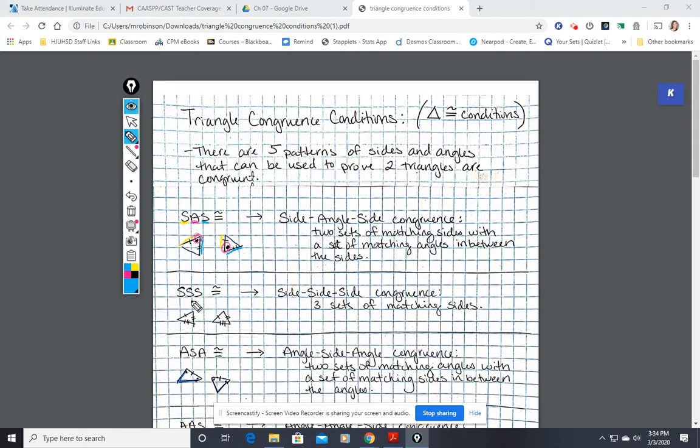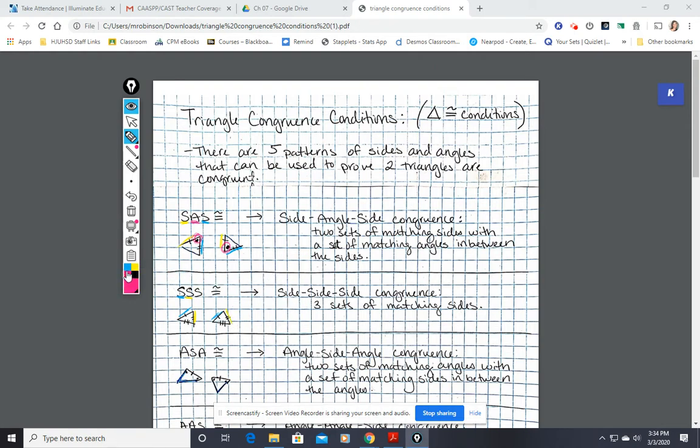The second condition doesn't involve any angles, it's just 3 sides. So side, side, side congruence, and you're just looking for 3 sets of matching sides. So our first set is going to be the same mark, so this one and this one have the same mark. Our second set we'll do in yellow, and that's going to be this one and this one because they have the same mark on them.